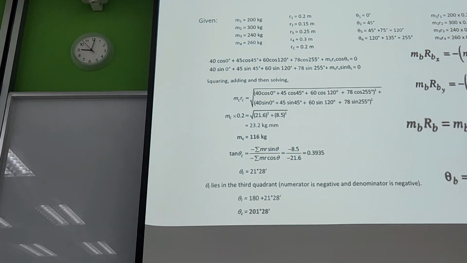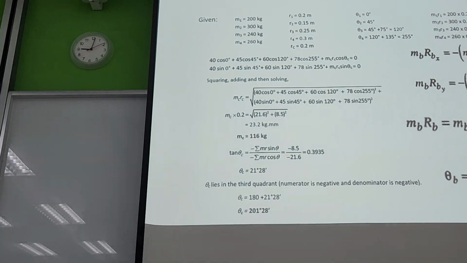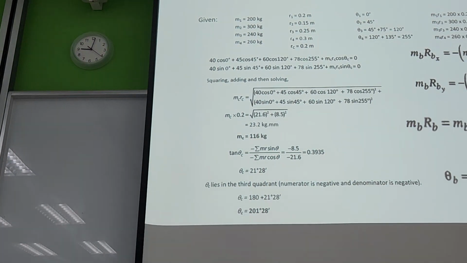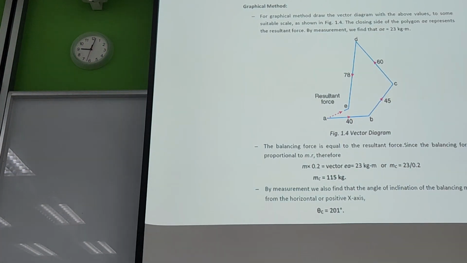So this is your F4. The magnitude will be 78. Okay, so now you have to complete the polygon. Completing the polygon means we now just draw these two. So I can show you the exact one here.